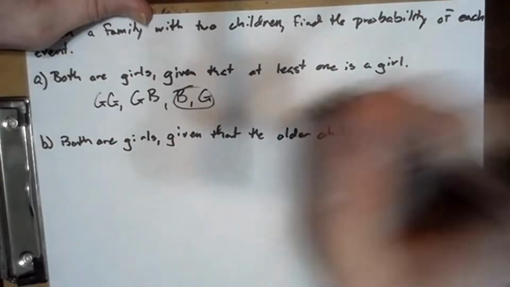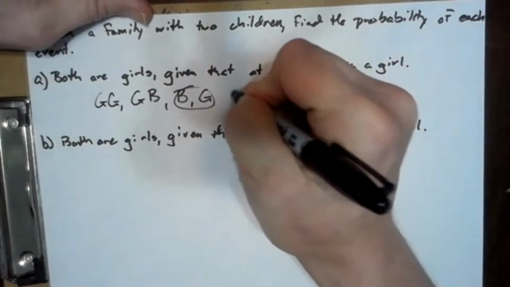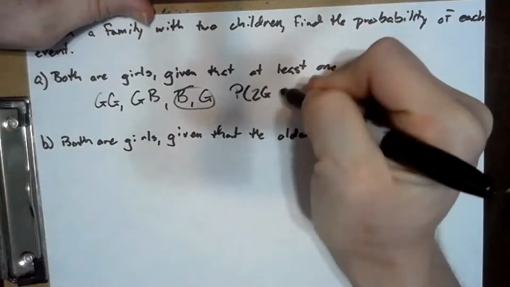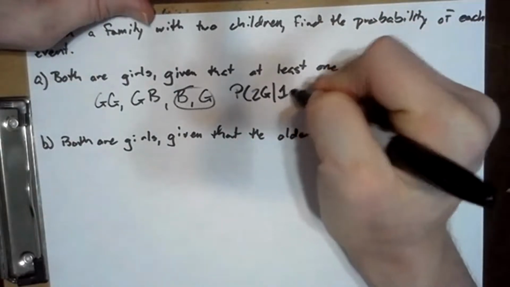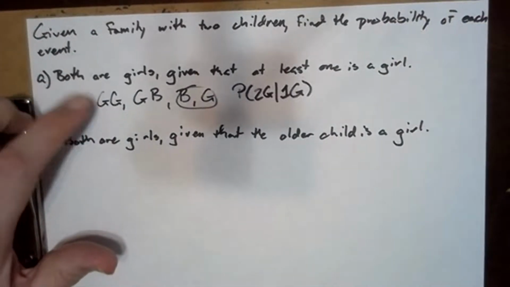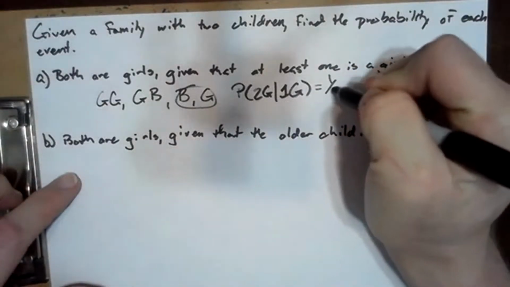So in only one of these 3 cases are both of the children girls. That's 1/3.